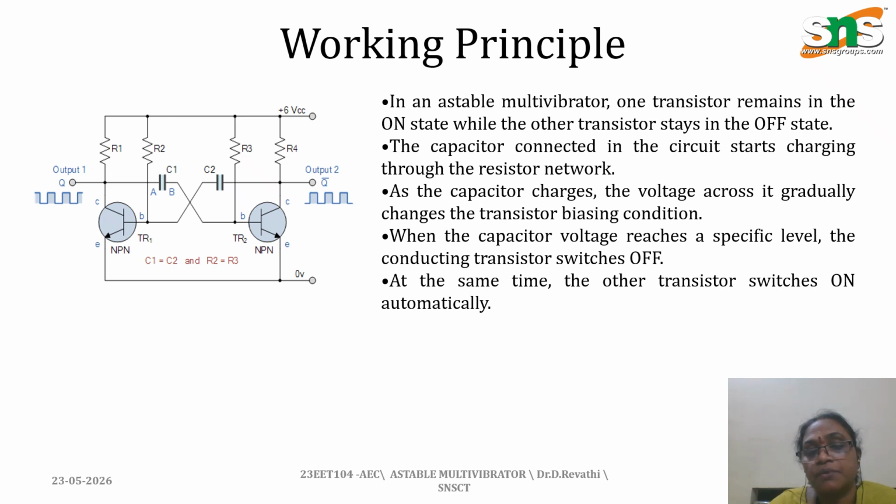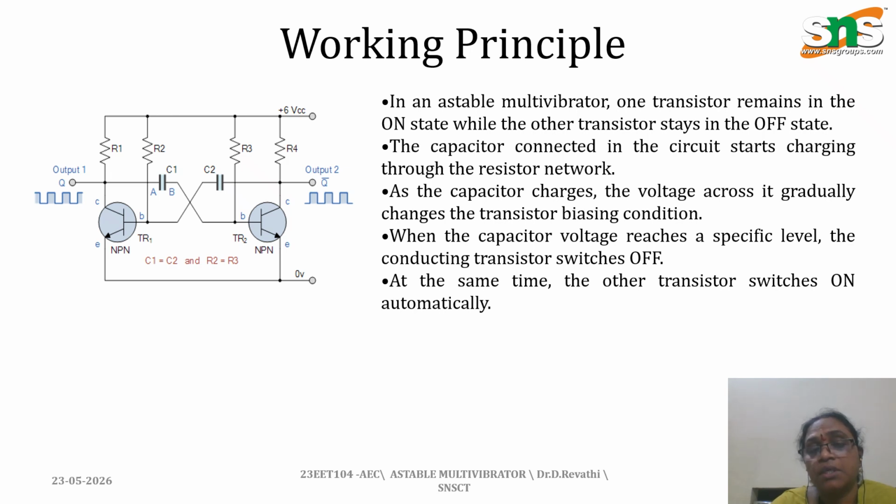After some time, C2 will charge through R3, and once it reaches a value more than the threshold value, a specific value that we call the cutoff value, which is 0.7 volt here, it is given to the base of Q1.